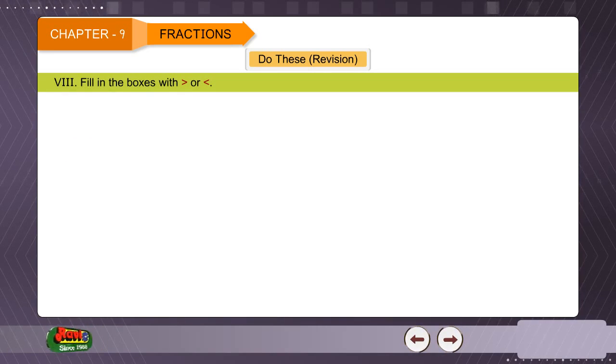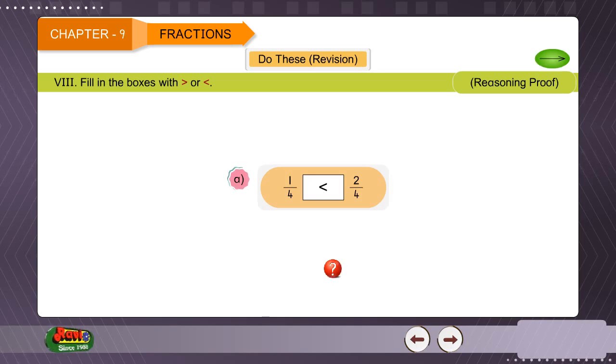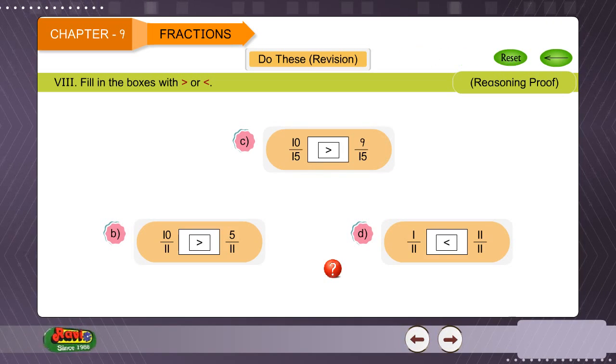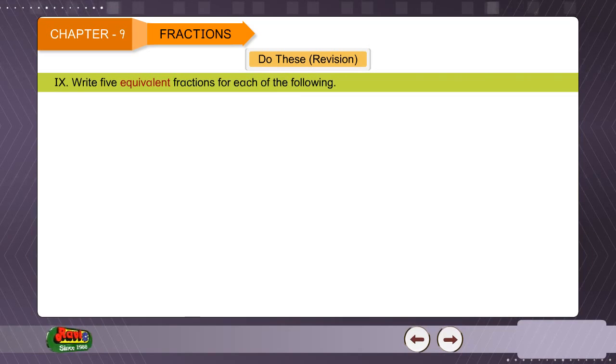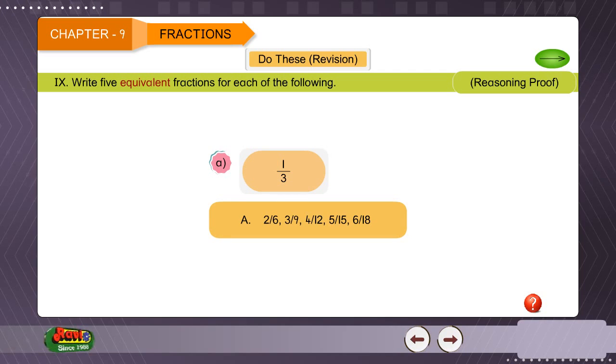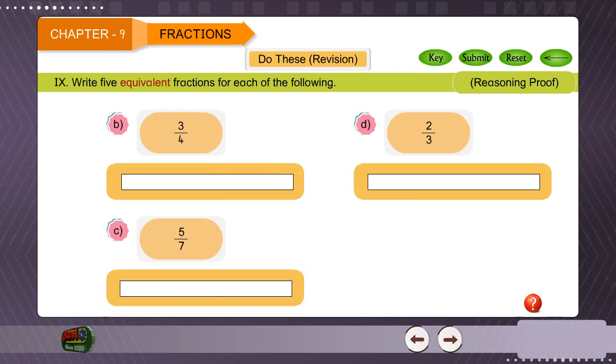Fill in the boxes with greater than or smaller than. Reasoning proof. 9. Write 5 equivalent fractions for each of the following. Reasoning proof.